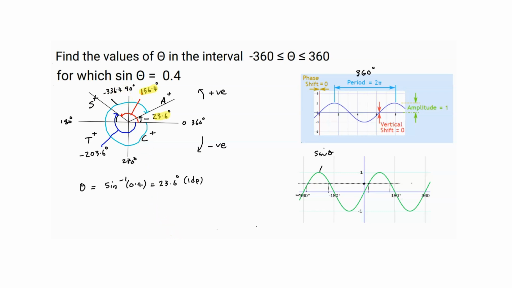So let us highlight all the possible angles. We have minus 203.6 and minus 336.4 degrees.